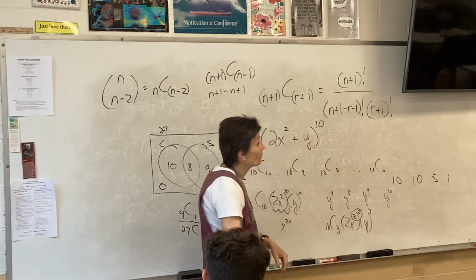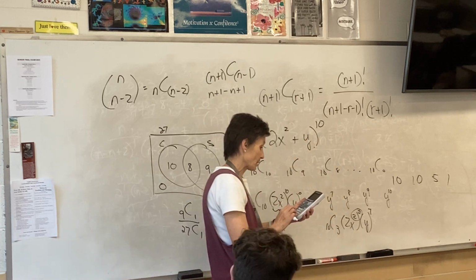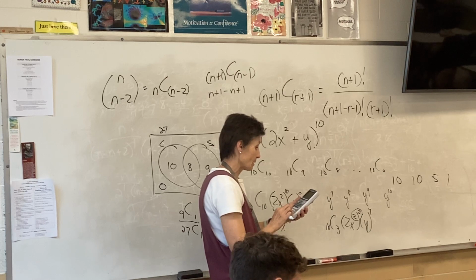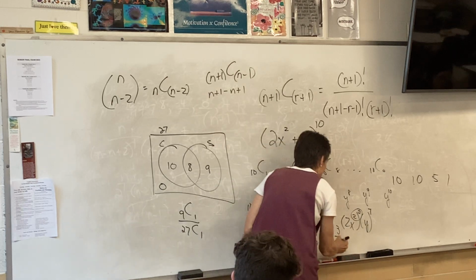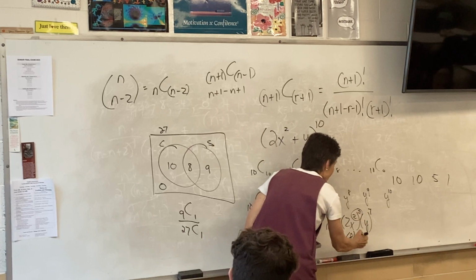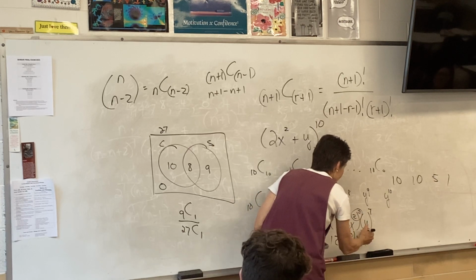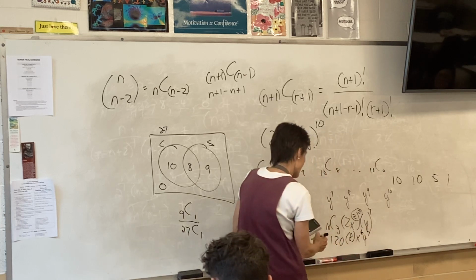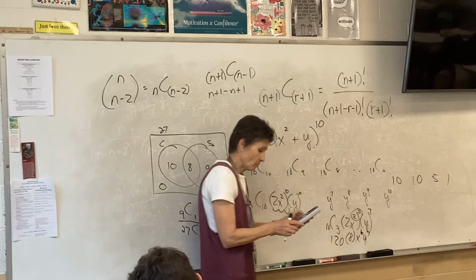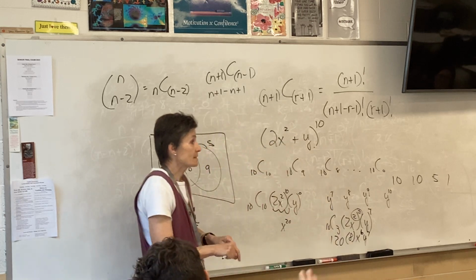So I need to figure out what 10C3 is, and then I need to multiply it. It's 120. And then I need to multiply it by 8, and then I'm going to have my x to the 6th y to the 7th. So that's going to be what, 960? That would be my coefficient. Does that make sense to you?